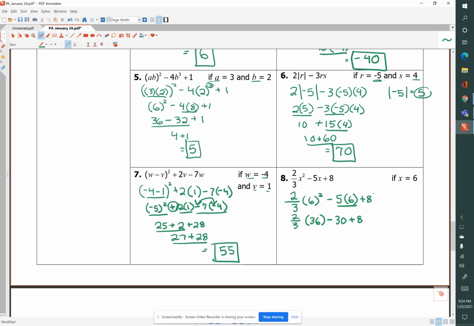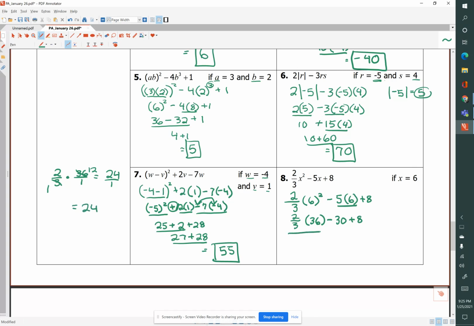Now, 2/3 times 36. I'm going to come over here. 2/3 times 36. Well, we can put a 1 under there, and we can cross cancel. 3 goes into itself 1 time. 3 goes into 36 12 times. When we multiply across, 12 times 2 is 24 over 1, which equals 24.